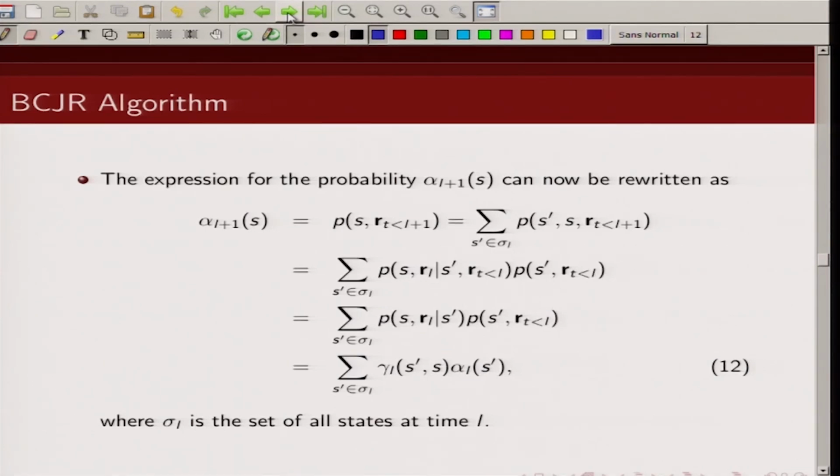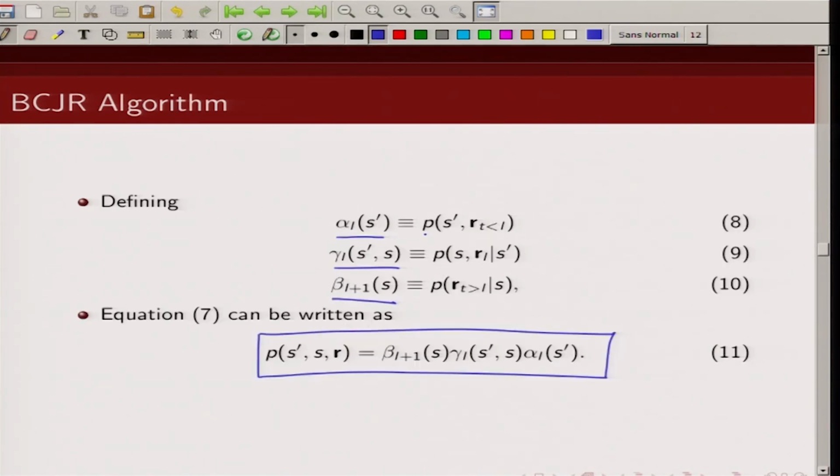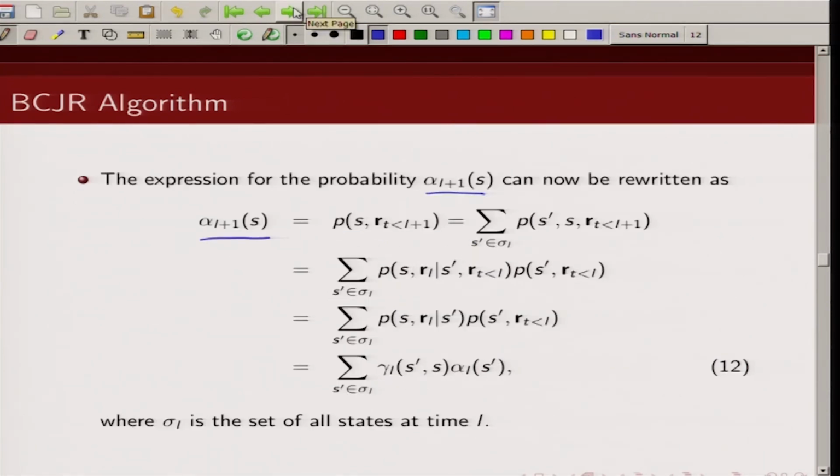So, these alphas can be computed using forward recursion as follows. Let us look at what is alpha at L plus 1 for state S. Now, go back to our definition. It is the joint probability of being in state S prime and receiving the sequence at times t less than L. So, alpha L plus 1 from the definition can be written like this.